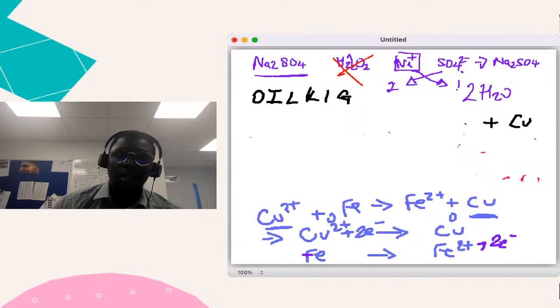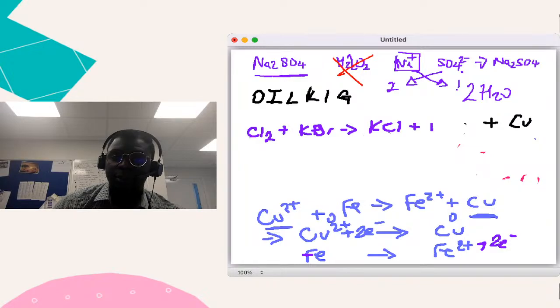So chlorine, for instance, if I was to bubble that into a substance that had, let's say, potassium bromide in it, that can displace the bromide ions to form potassium chloride and bromine. Okay, and I know this because bromine is lower down group 7, so it's less reactive.